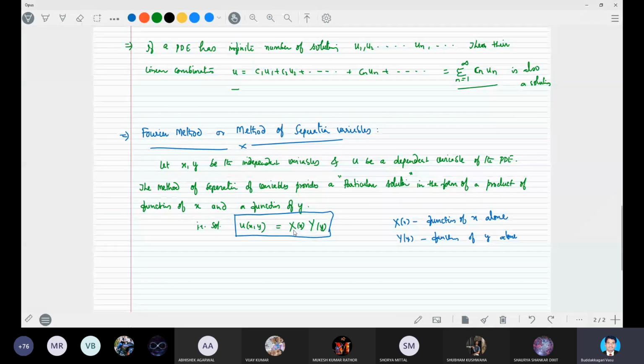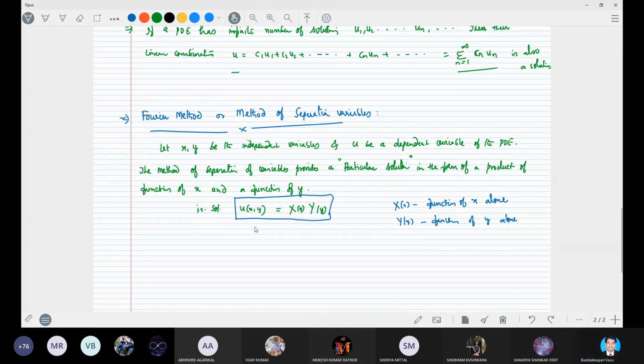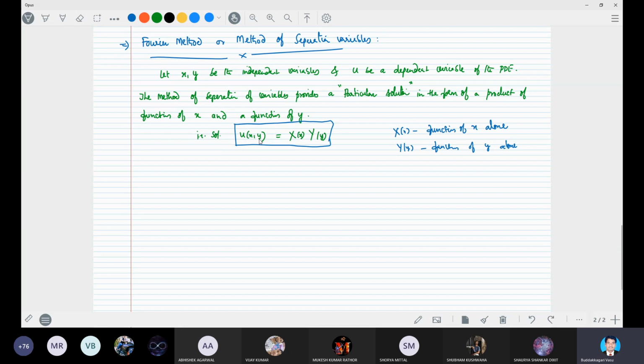Suppose you consider the solution u is equal to X into Y. I am just avoiding writing the x comma y. So u is equal to capital X into capital Y. The solution u is taken as the product of a function of x alone and a function of y alone.